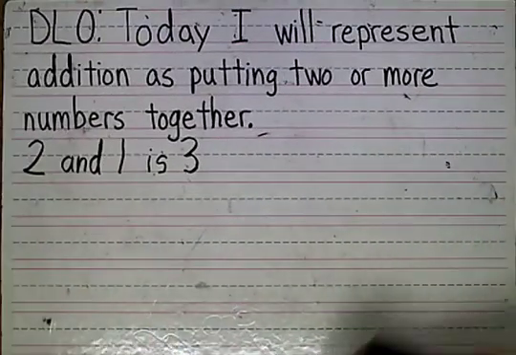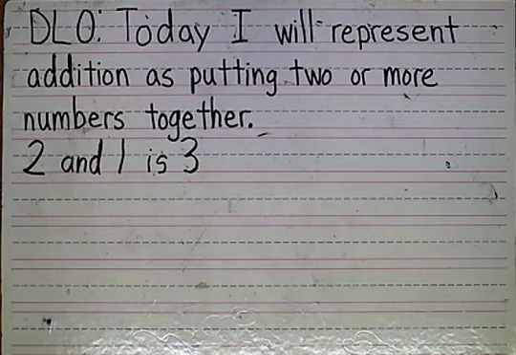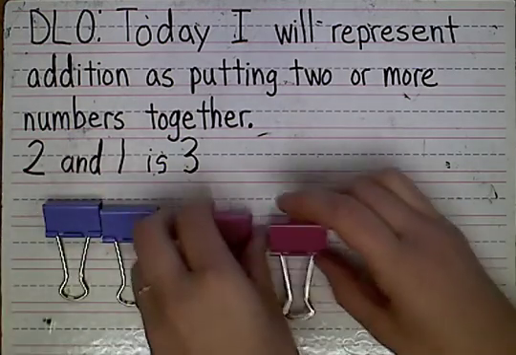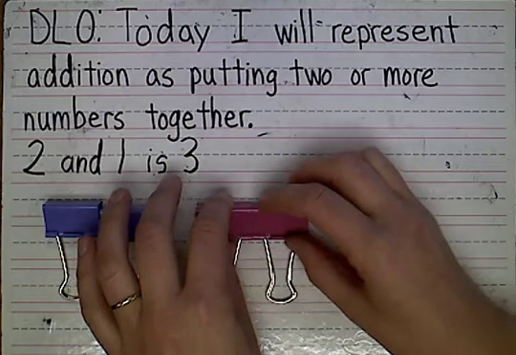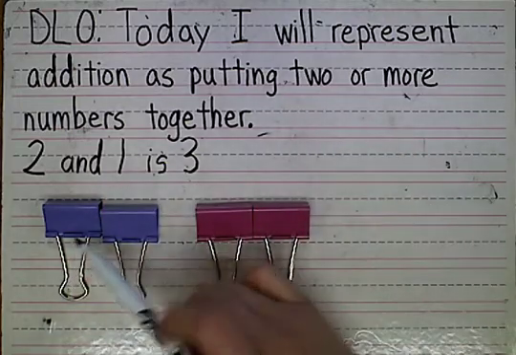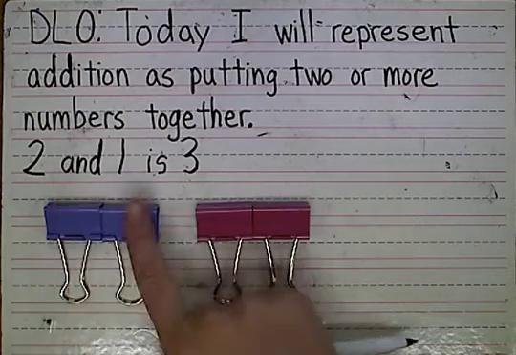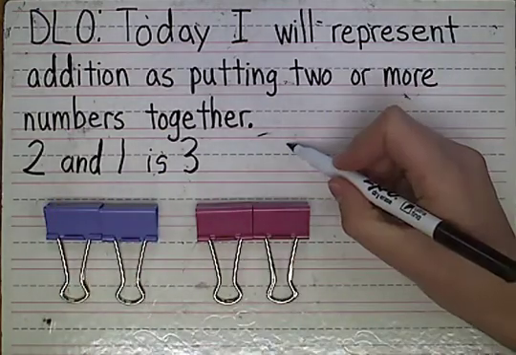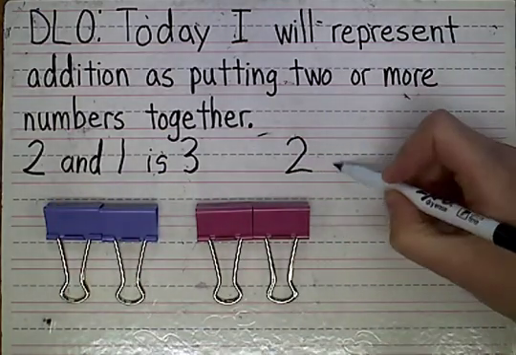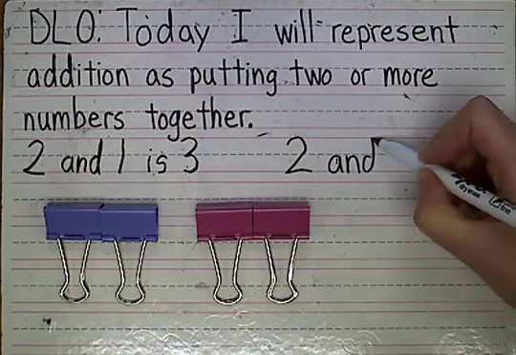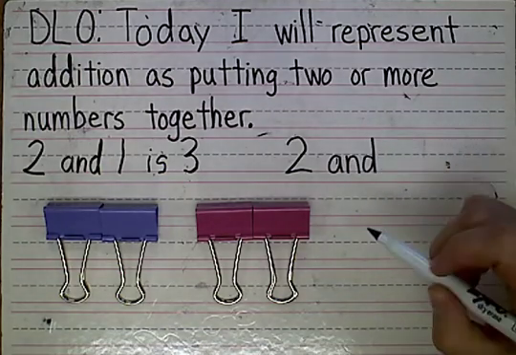Let's do another one. I'll use my binder clips again. This time, I have an extra one. How many purple clips do we have? Let's count. 1, 2. So I'll write the number 2. And, A-N-D, and. Just helps me remember how to spell and.